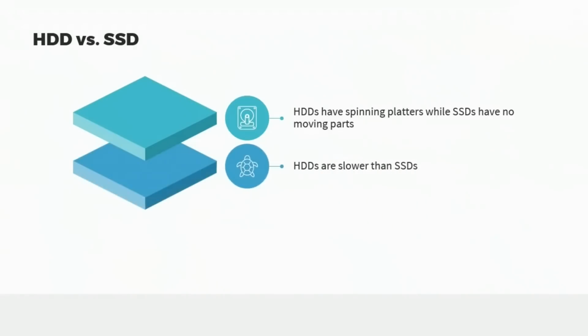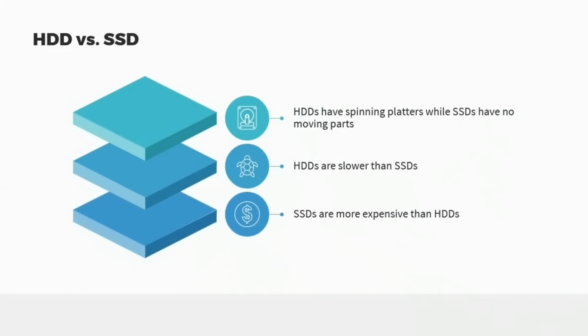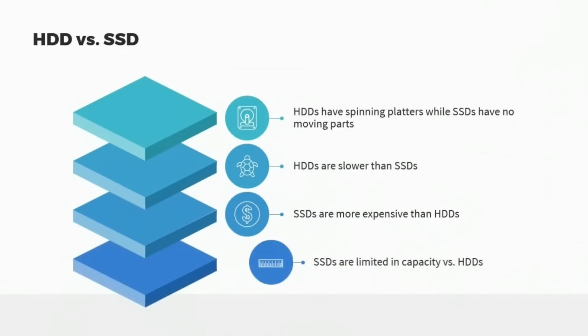Hence, hard disk drives are significantly slower than solid-state drives, but perhaps not surprisingly, solid-state drives are more expensive than hard disk drives. And for the same amount of money, you would get a smaller solid-state drive as compared to a hard disk drive. Now, that will vary by make and model, but in general, I would estimate that you could easily find a hard disk drive that is at least twice the capacity of a solid-state drive for the same price.